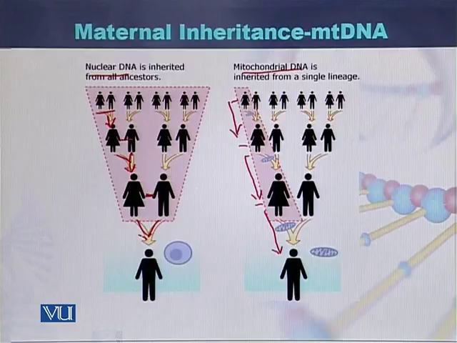So there is a difference between the transfer of nuclear DNA, which is present within the nucleus, where all the ancestors transfer their DNA from one generation to another, while mitochondrial DNA is just transferred by the mothers. So we can say that there is a single lineage in case of mitochondrial DNA.